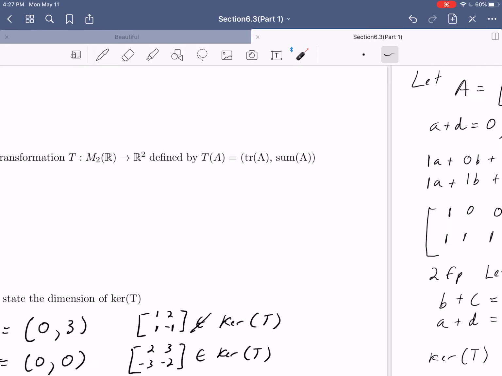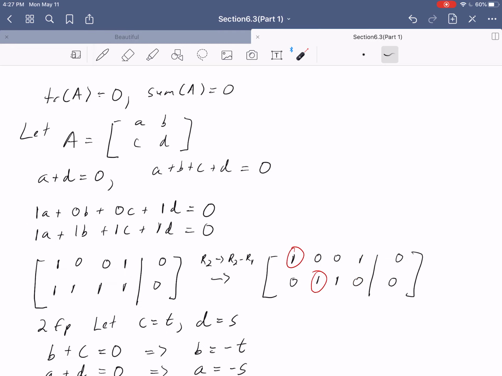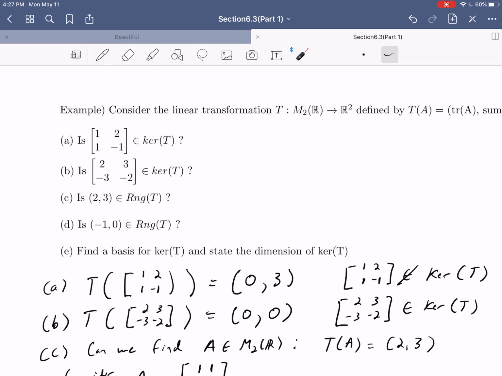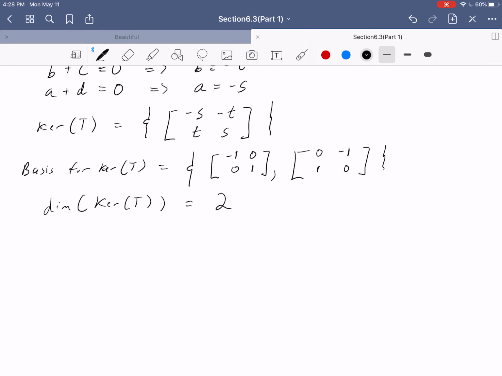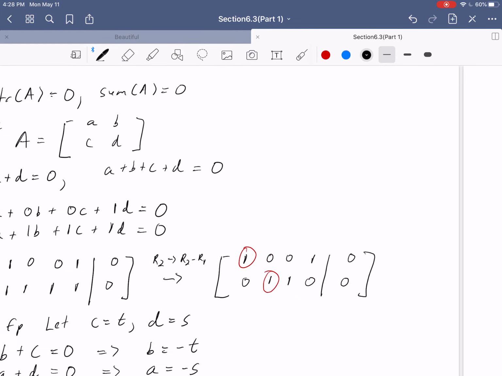Remember, we found that this guy, 2, 3, negative 3, negative 2, is an element of the kernel. Sorry, having to just go back and check. Yep, that's what we saw there.